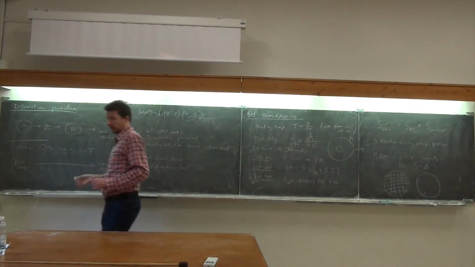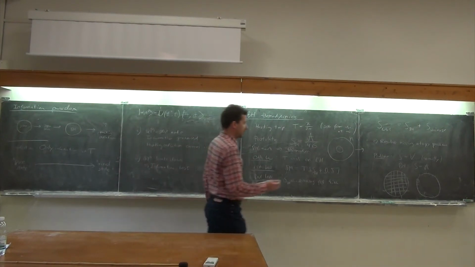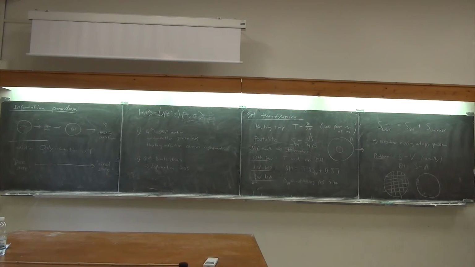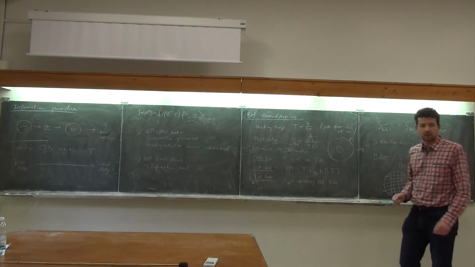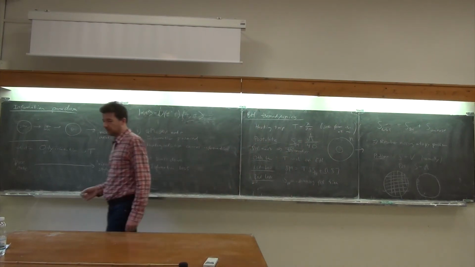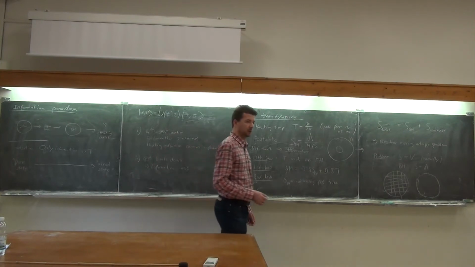So it's fairly obvious that in the high energy part of the spectrum you cannot have a black body spectrum, and perhaps that's where the information about what's inside the black hole is stored.